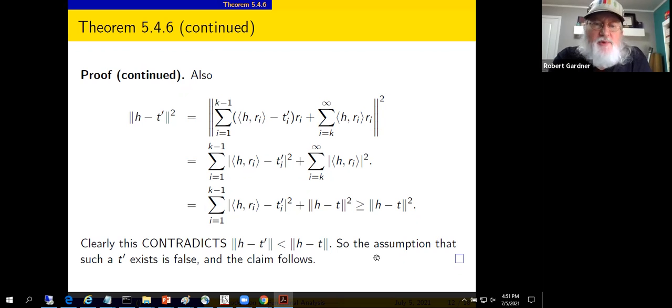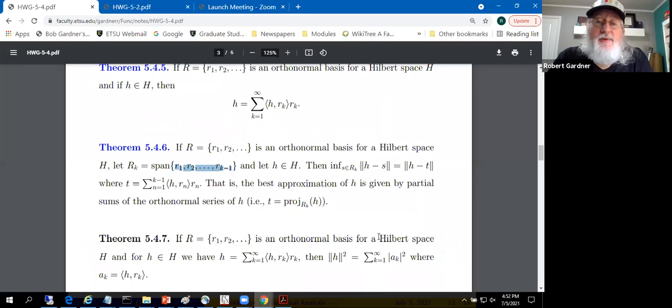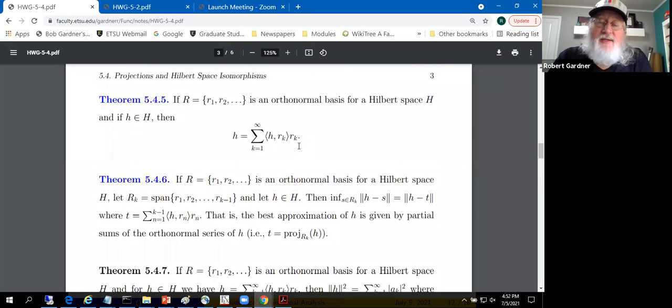So our original assumption that there is a t prime that's better at approximating h under the conditions described, that's false. And the best approximation is the one that was claimed to be best. And that was a partial sum of what we had seen in Theorem 5.4.5.